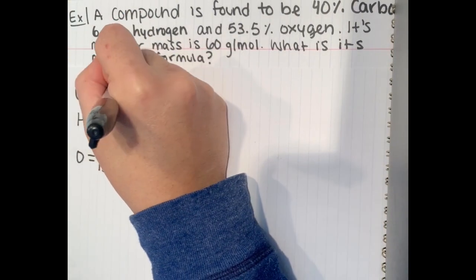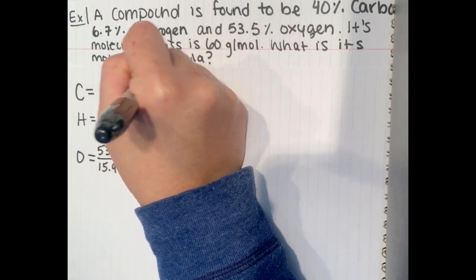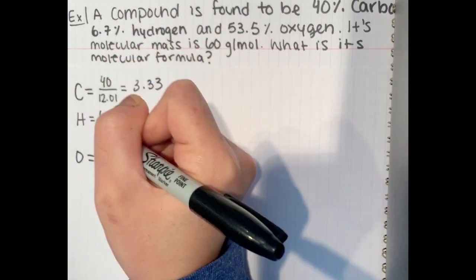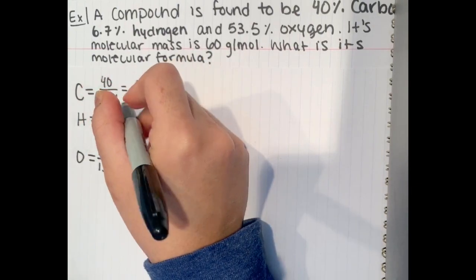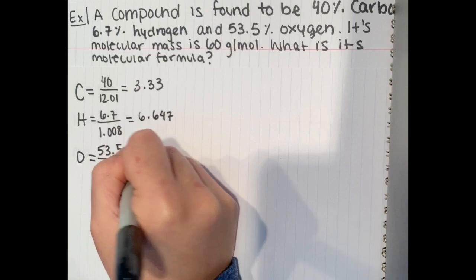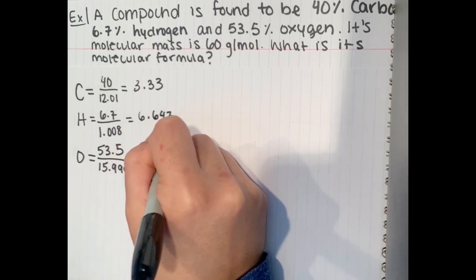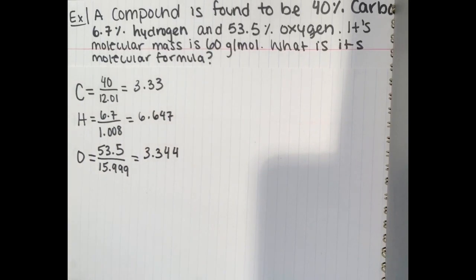So if you do the math for each one, for carbon, you'll get 3.33. For hydrogen, you'll get 6.647. And for oxygen, you'll get 3.344. Right? So this was step one.